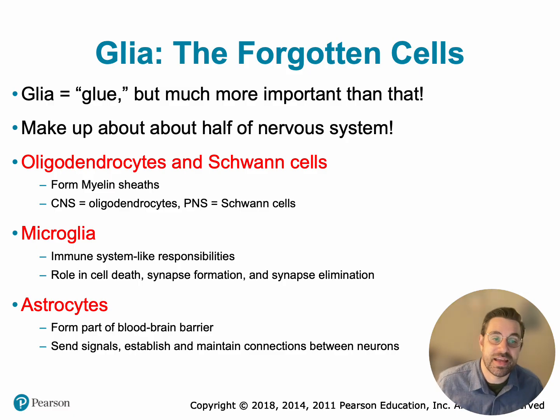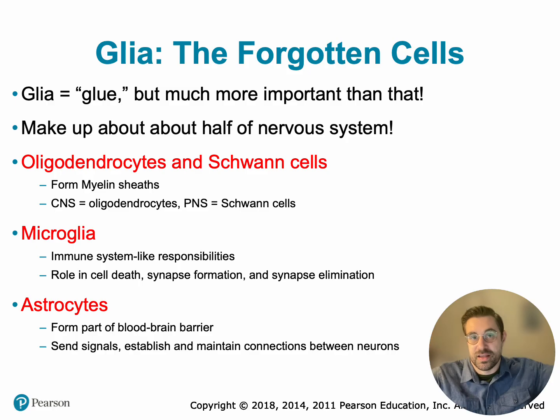And so the microglia have some responsibilities like the immune system does, for example, cleaning up cell death, eliminating synapses, or connections between neurons, that aren't forming correctly, and helping with forming synapses in a way that's clean and neat and tidy, right?